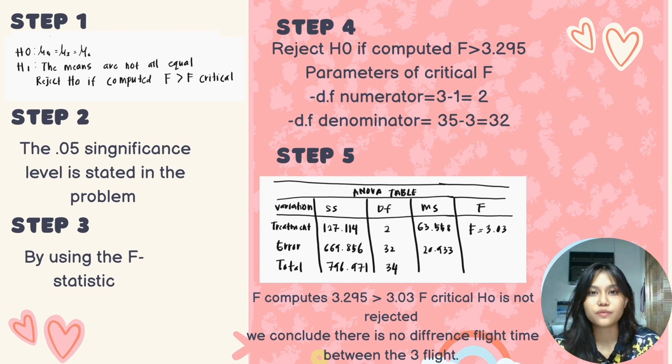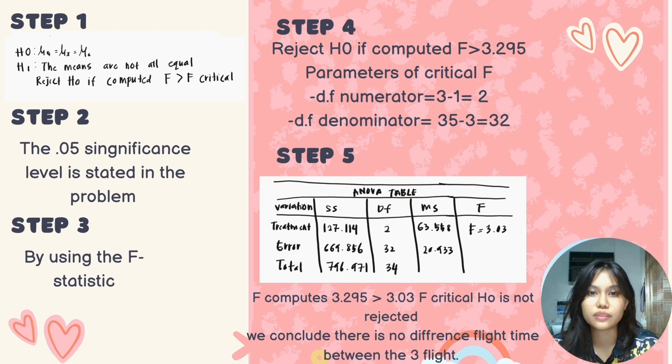Step 3, we use the F statistic. Step 4, reject H0 if computed F is greater than 3.295. Parameters of critical F, degrees of freedom numerator 3 minus 1 equal to 2, and degrees of freedom for the denominator is 35 minus 3 equal to 32.